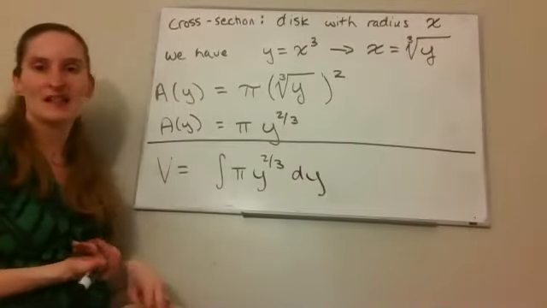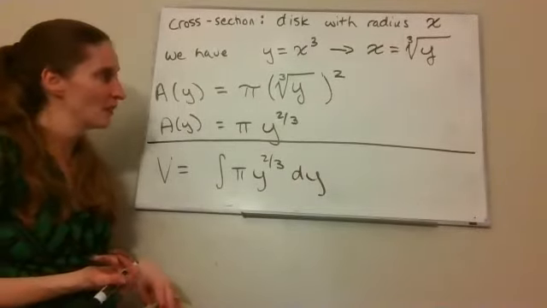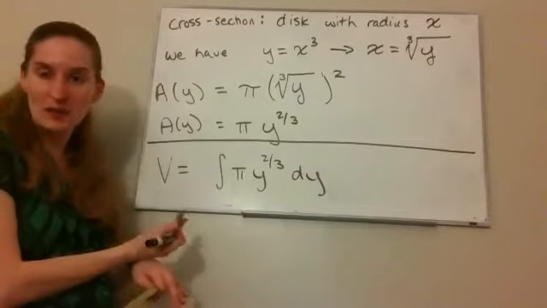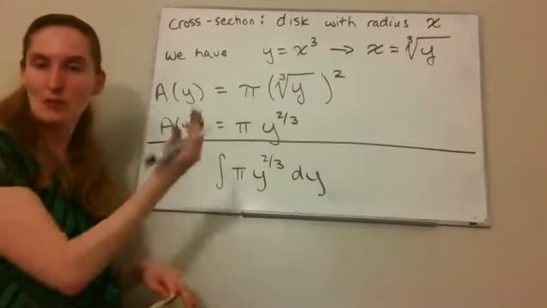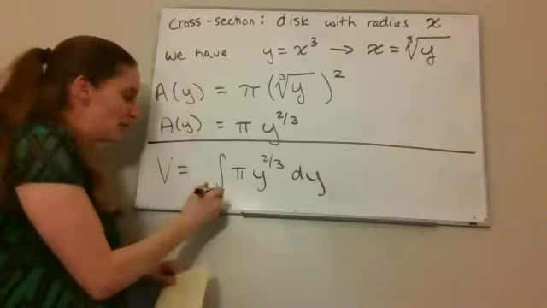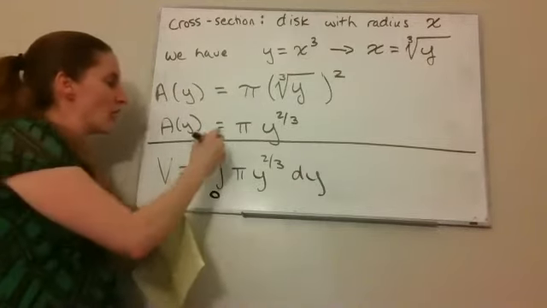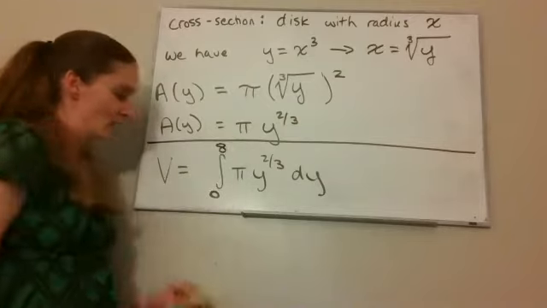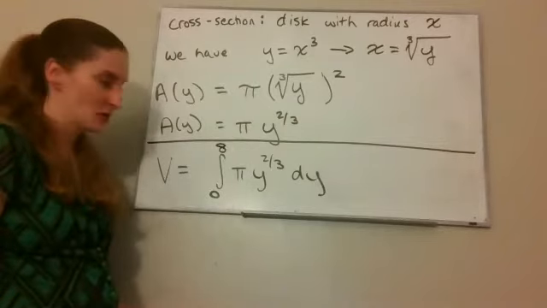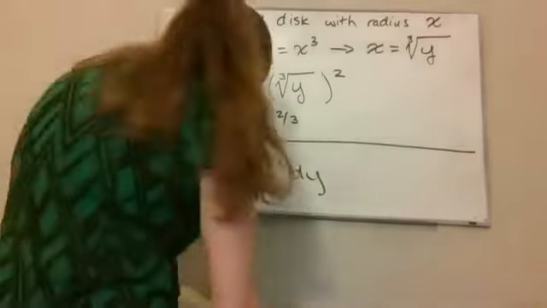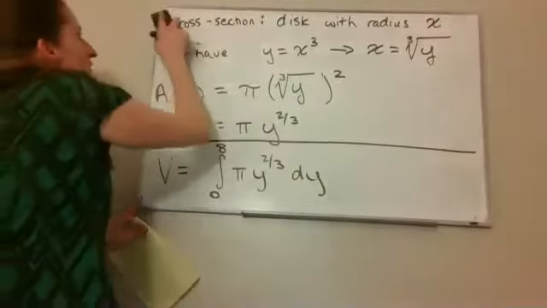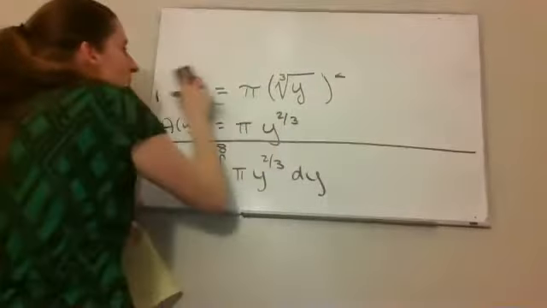And all I'm missing is the bounds of integration. Now, I already erased what the picture looked like, but remember we had that bowl-like object. It started at 0 for my y values, and we chopped it off at y equals 8. So we integrate from 0 to 8. Now we have to find this antiderivative using our power rule.